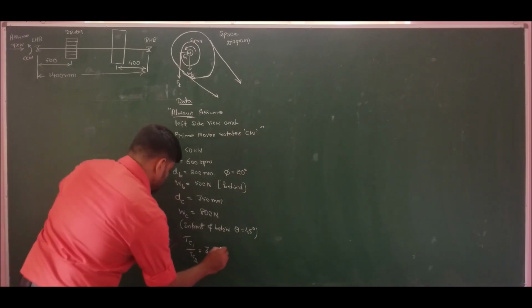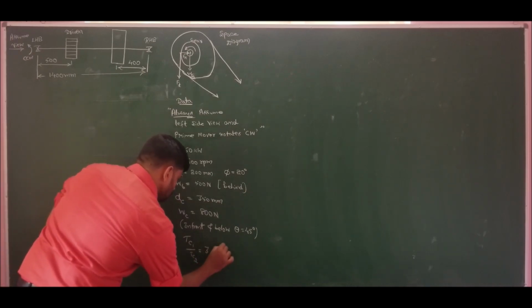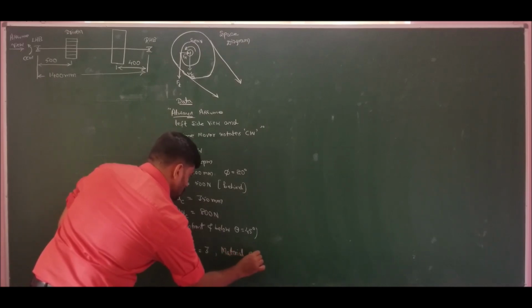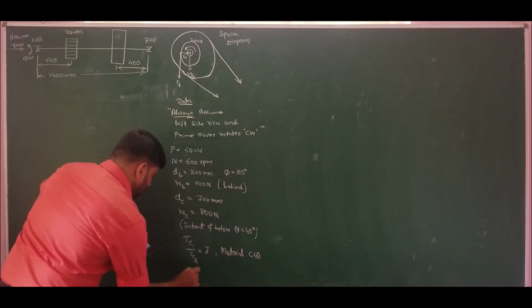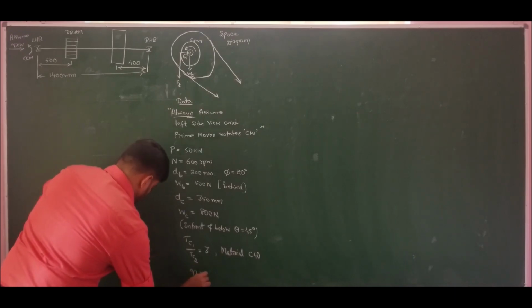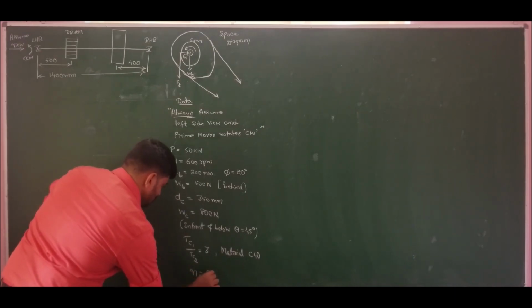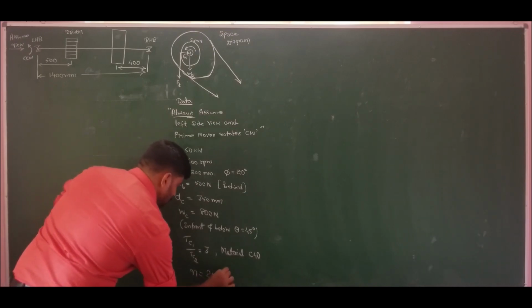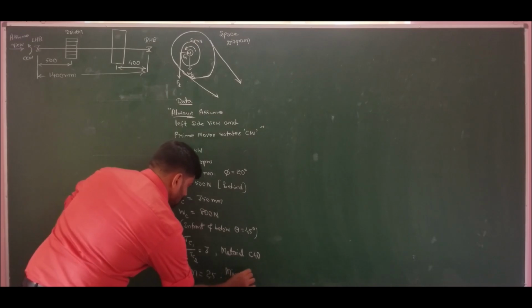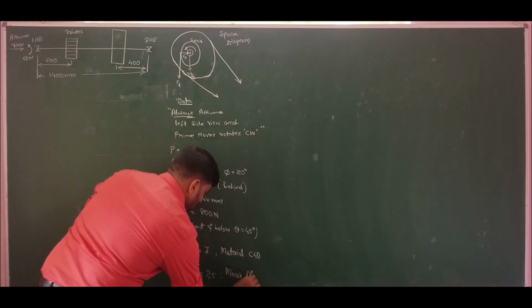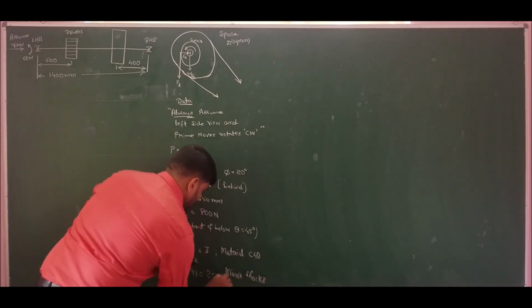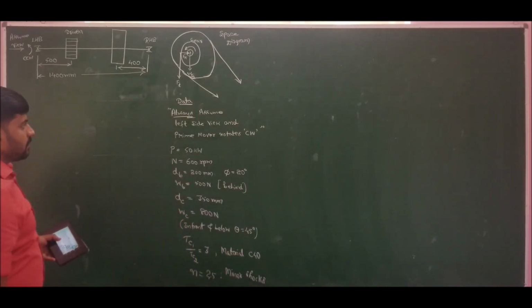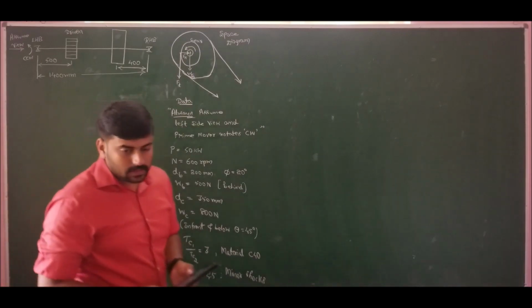Selecting carbon steel, material C40 steel with a factor of safety of 2.5. Design the solid shaft assuming minor shocks. So this is the space diagram and the data given for the problem. Let us solve this problem.